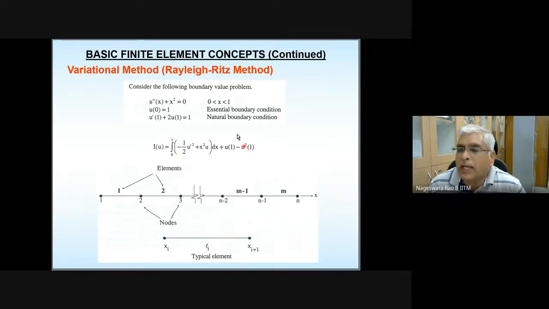Once you are familiar with all these steps, how to get from the given boundary value problem to this point, suppose this functional is given to you, and you are blinded, and suddenly this equivalent functional is given to you, and you don't know where it is coming from, and you are asked to tell what kind of boundary value problem this equivalent functional is representing.